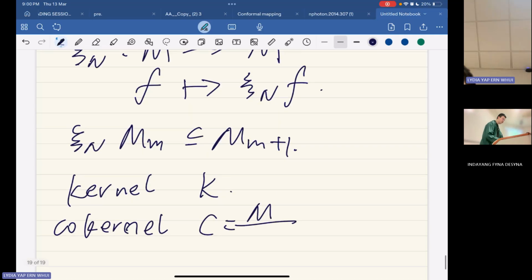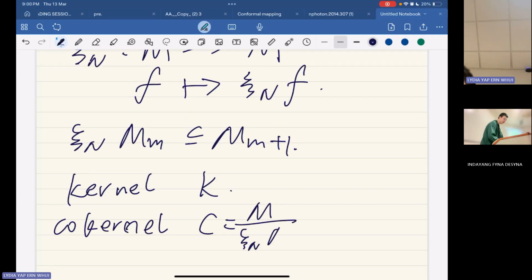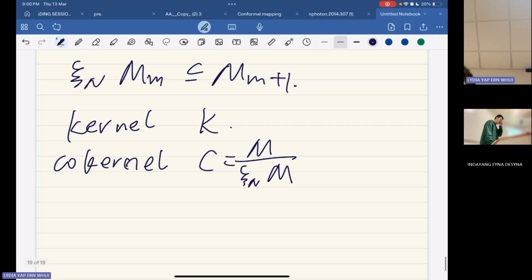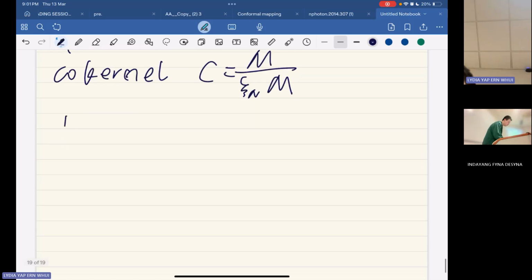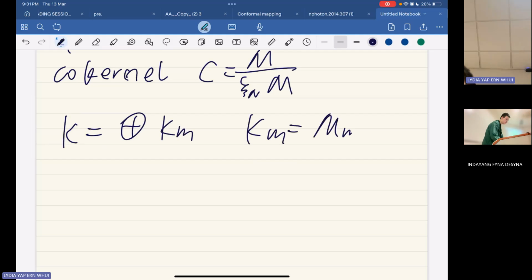What is the image here? It is Xi_n times M, right? So we call this thing the co-kernel. And actually we can prove that the kernel is also graded. This K is equal to the direct sum of K_m, where K_m is equal to M_m intersect K. I will not go into the proof of this. I think I'll leave it as homework.